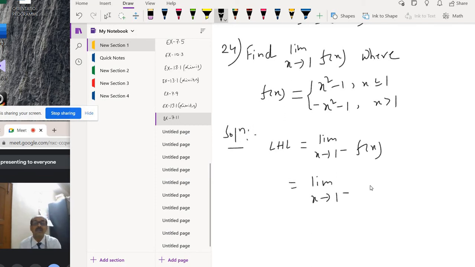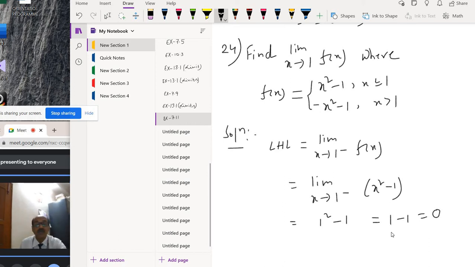That equals 1 square minus 1, which is 1 minus 1, which is 0.